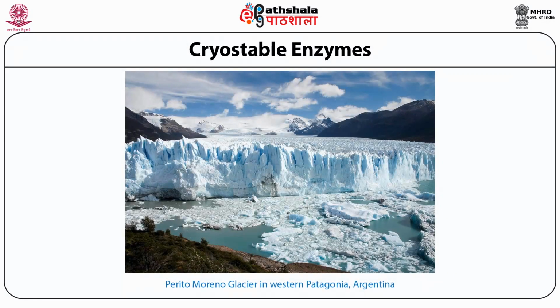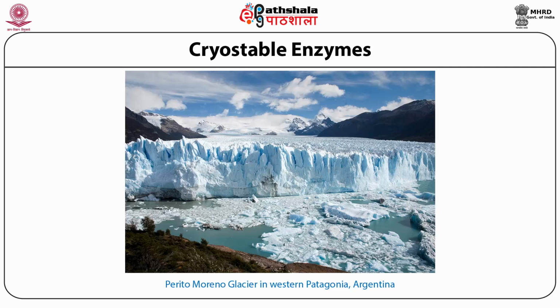So students, let's move on to the different temperature and the organisms which live there, which is the other extreme end, cryostable enzymes. The cryostable enzymes are isolated from organisms living in conditions of glaciers or very extreme low temperatures.